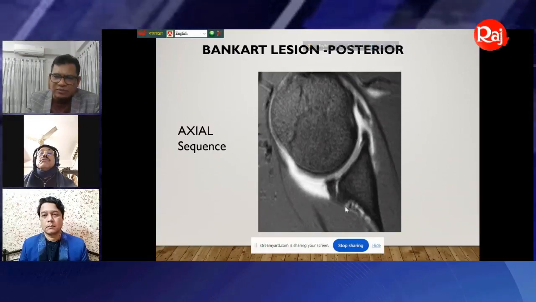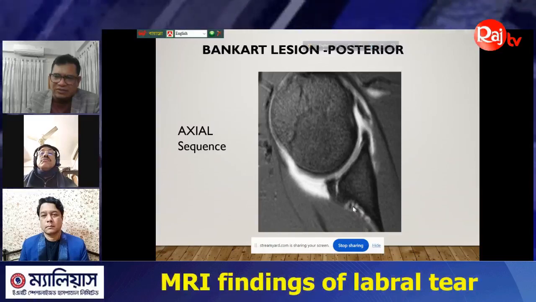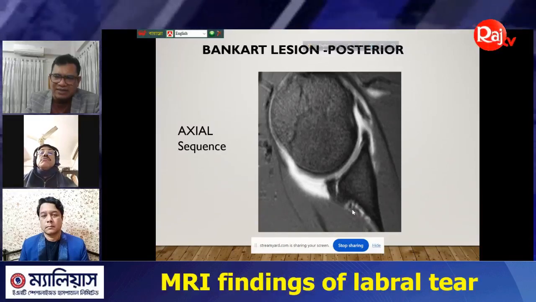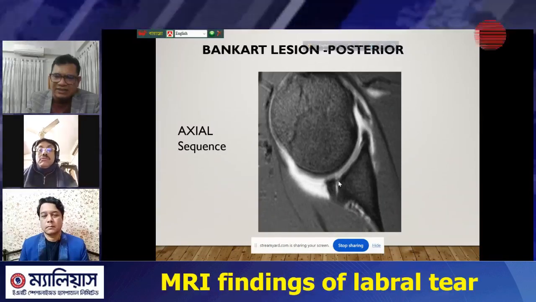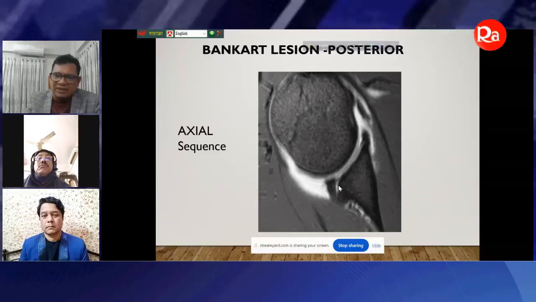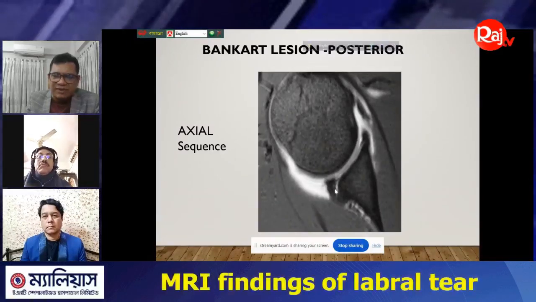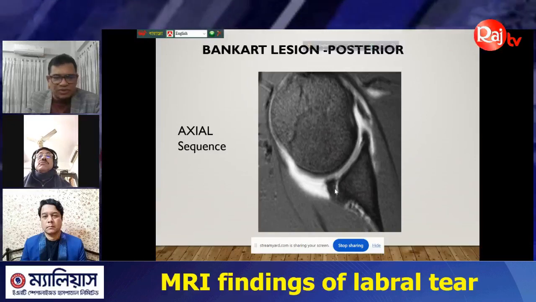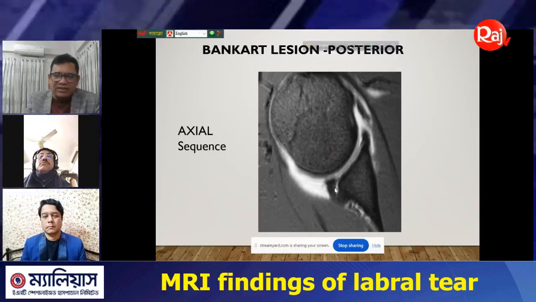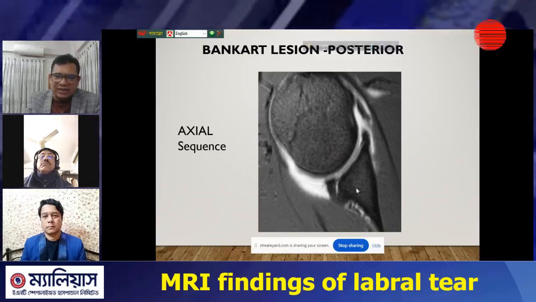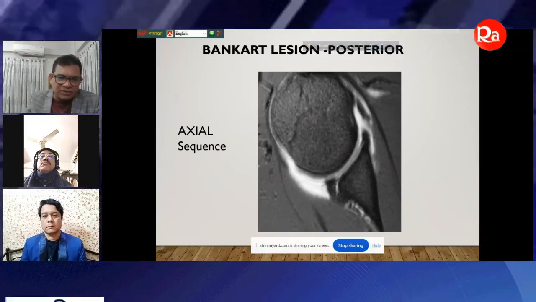Here is the posterior part, the suprascapular vessels and nerve, and this lesion shows signal changes in the posterior and inferior labrum. So it is a posterior Bankart or reverse Bankart lesion, which indicates recurrent posterior dislocation.